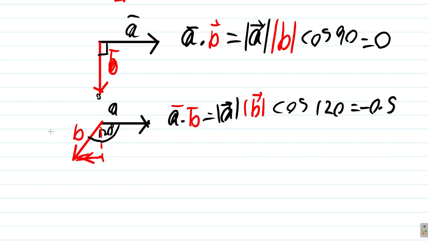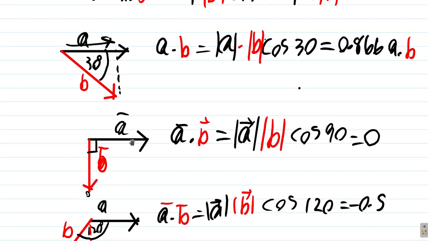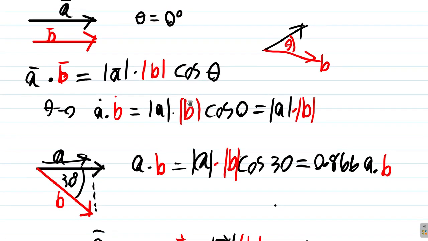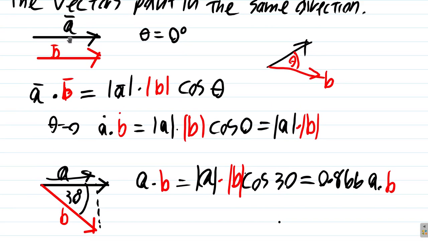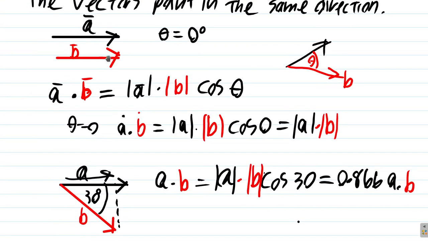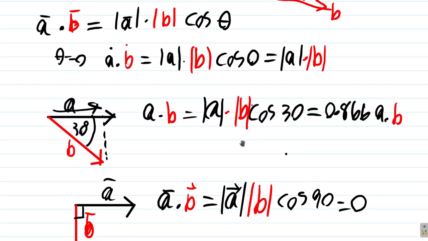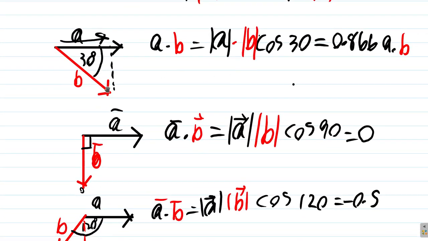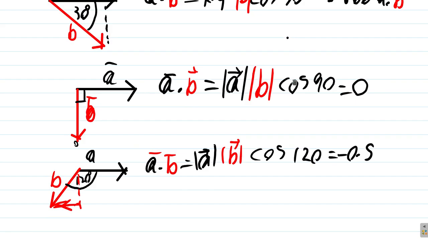Right? So here, B is helping A somewhat up here, pointing in the same direction. B is helping A fully, 100%, cos 0 is 1. Here, B is helping A only partially, at 30 degrees. Here at 90 degrees, B is not helping A at all. It's like A is acting on its own, not giving any help at all.